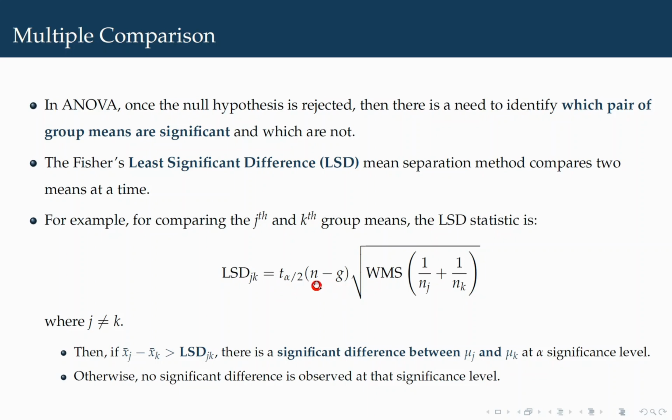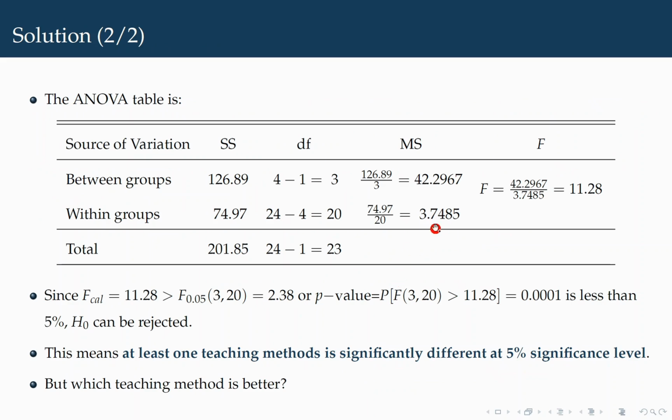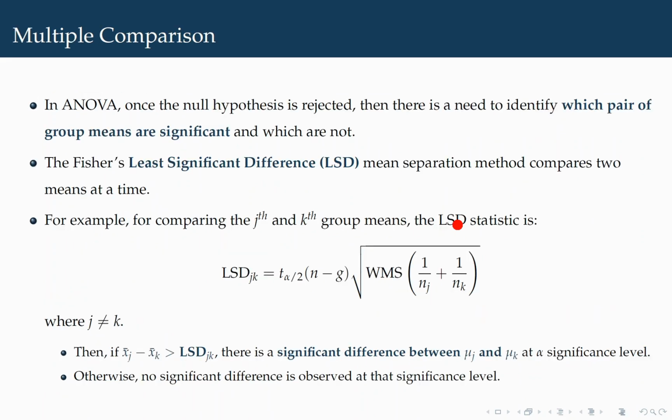So t alpha over 2 with n minus g degrees of freedom, where n is the total number of observations in all the groups, and g is the number of groups, times the root of the within mean square. The within mean square is this one, 3.7485 for our particular example, times 1 over nj, the number of observations belonging to the J's group, plus 1 over nk, the number of observations belonging to the K's group.